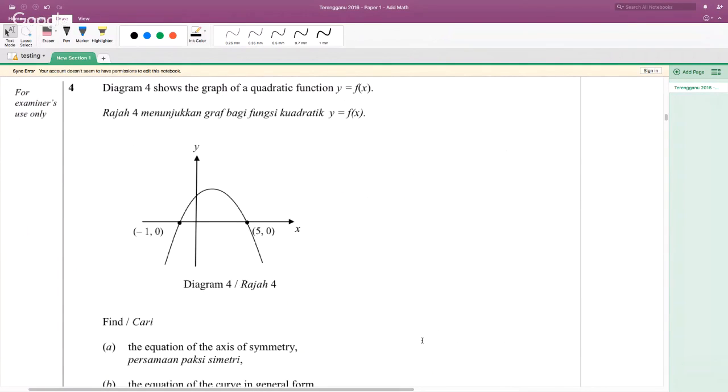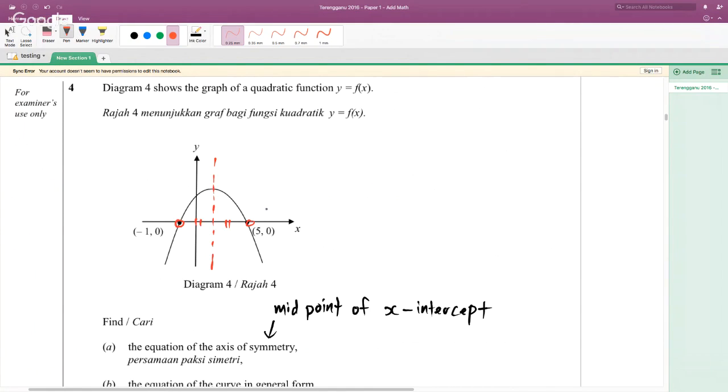Over here they ask you to find the axis of symmetry. If you don't have any equation, you always take the midpoint of the x-intercepts. So you have to find your x-intercepts over here, which are negative 1 and 5. What's the midpoint here?